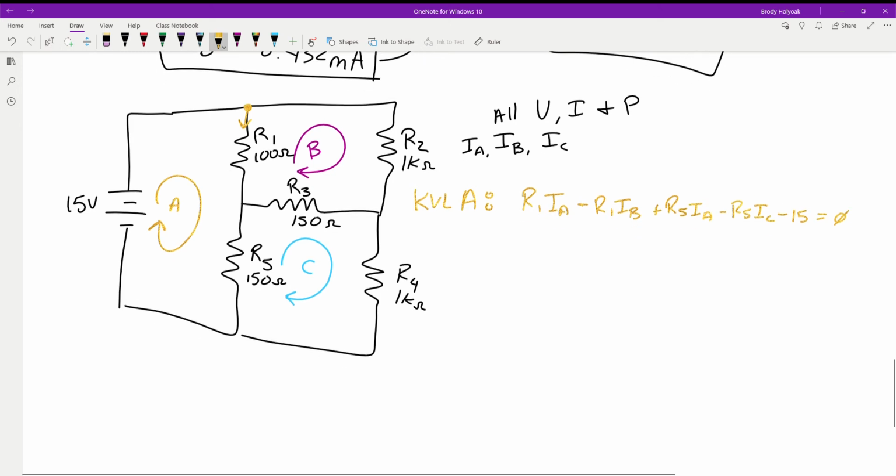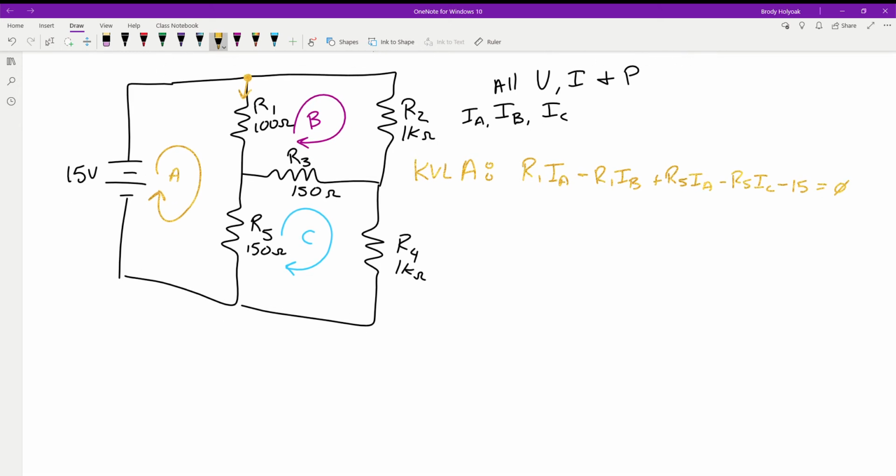So now let's put the values to this and then we'll condense it down. We have 100 IA minus 100 IB. R5 is 150, so we have plus 150 IA minus 150 IC equals 15.